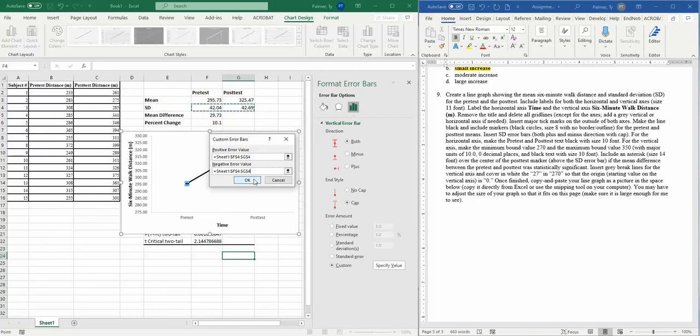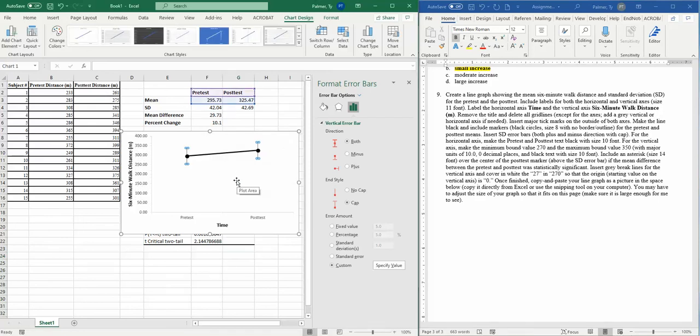Now let's click OK, and that should add the appropriate standard deviation error bars. Now these error bars reflect the standard deviations that we reported up here that we calculated earlier in our spreadsheet. So again, make sure and follow those steps exactly the way that I did them in order to include the correct error bars, the error bars that reflect the standard deviations that we calculated earlier, because that's what the instructions tell us to do. Include the standard deviation error bars.